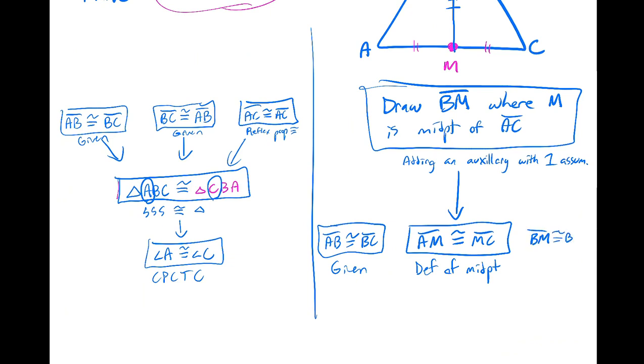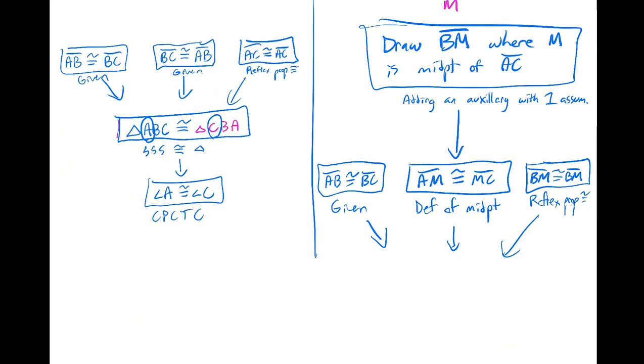So BM congruent to BM, okay? And that's reflexive property of congruence. And then with those three combined, again, we use SSS there. And so now it's just the exact same as the left kind of. I mean, not the same triangles, but same reasoning here. So now we get these two congruent triangles by SSS, triangle congruence.